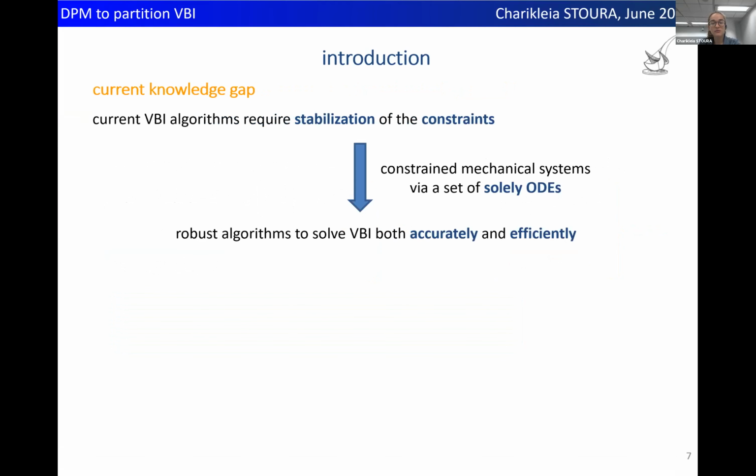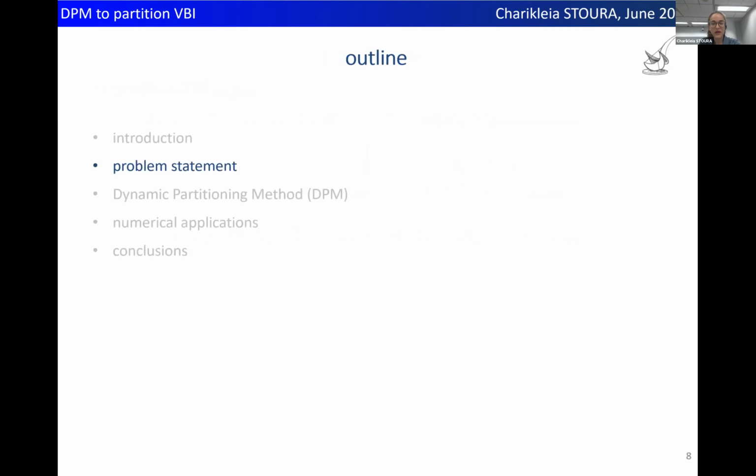So motivated by the limitation of existing algorithms to solve the vehicle bridge interaction problem, and with the aid of algorithms that can solve consistently a set of solely ordinary differential equations, we developed an algorithm that solves the VBI problem both accurately and efficiently. The proposed algorithm is based on two approaches.